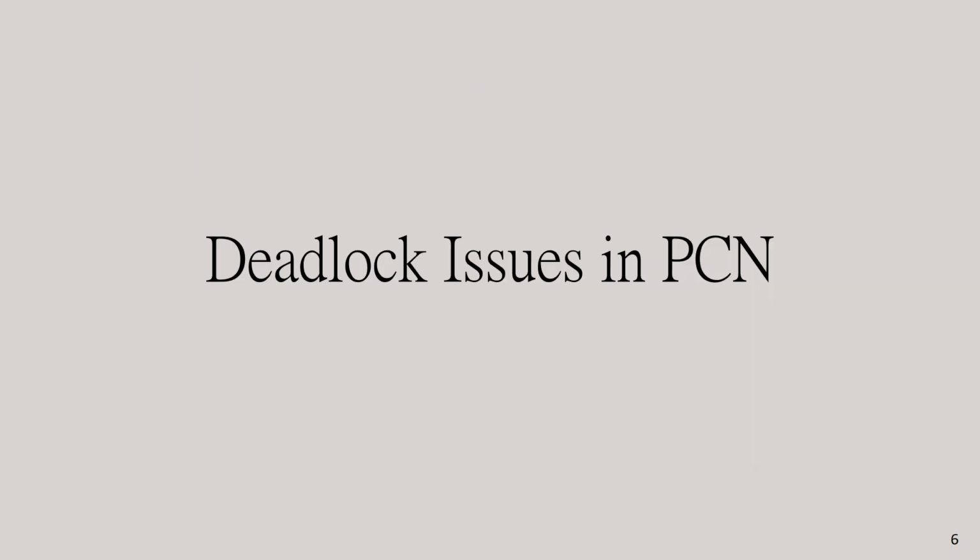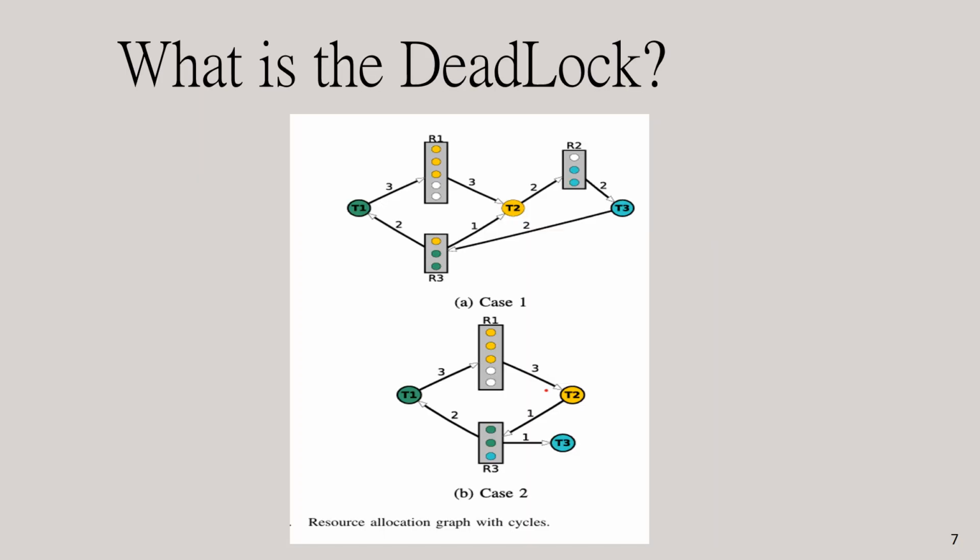Part 2. Deadlock issue in PCN. Case 1, deadlock. There are 3 resources and 3 transactions. T1 holds 2 instances of R3 and waits for 3 instances of R1.